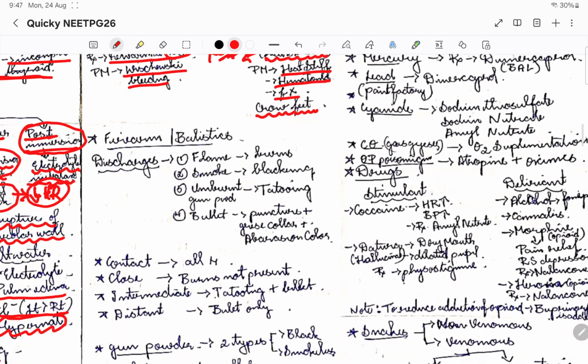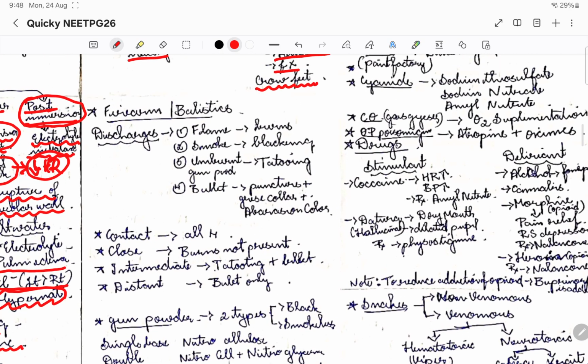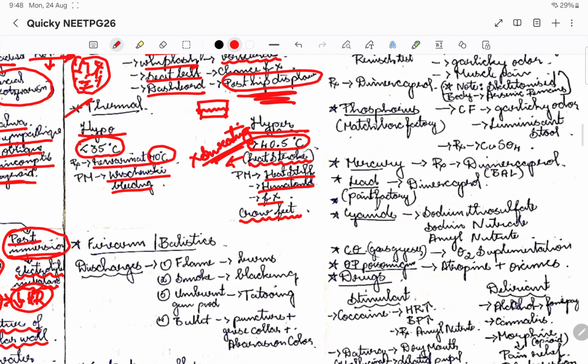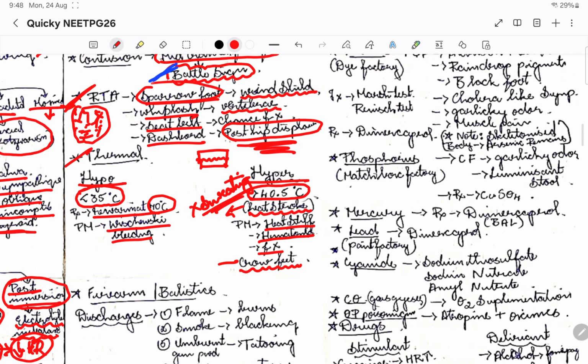Okay, now moving on to firearms and ballistics. But before going into firearms and ballistics, please remember the crow feet and sparrow feet. Please do not confuse between the sparrow feet and crow feet. Crow feet is what happens in hyperthermia injuries. You can go and see an image of crow feet injury.